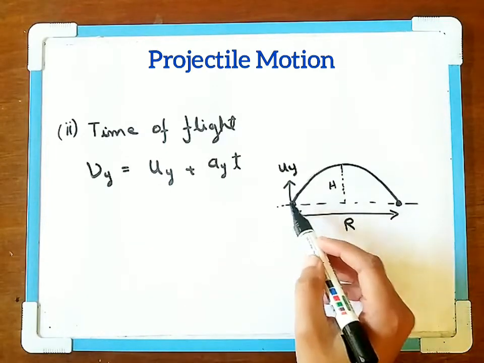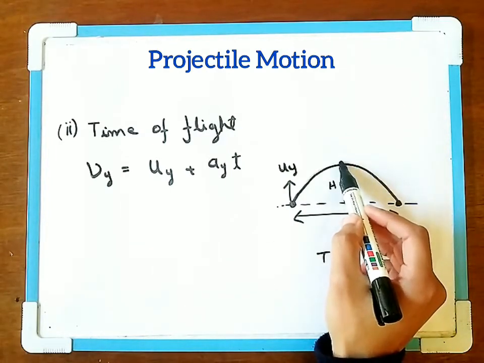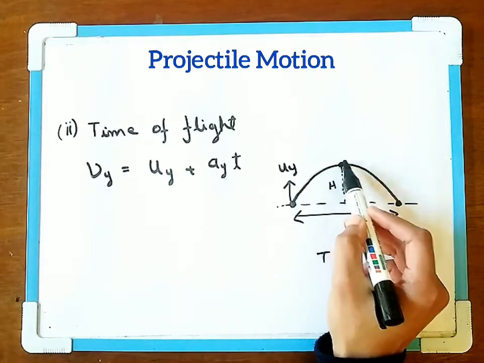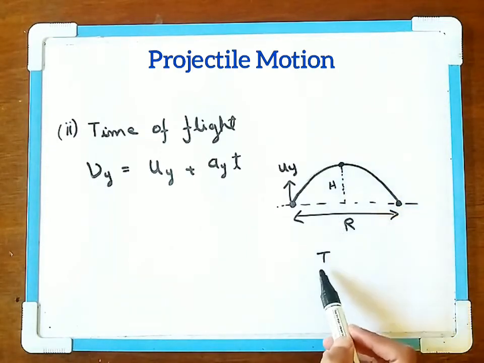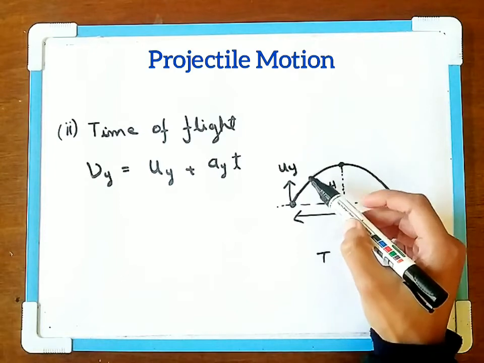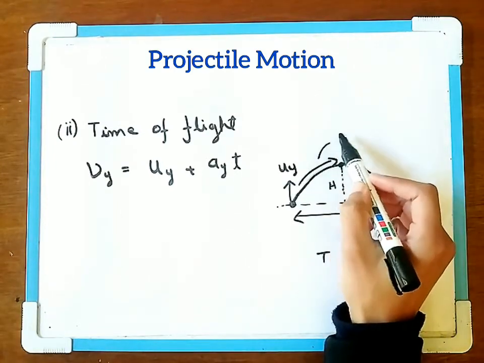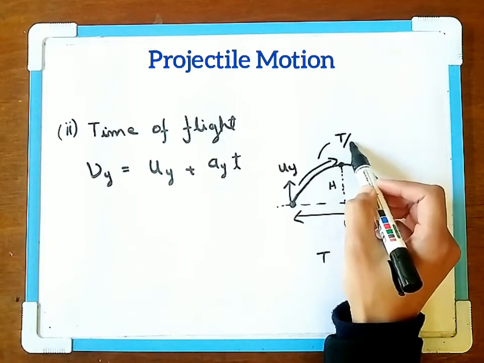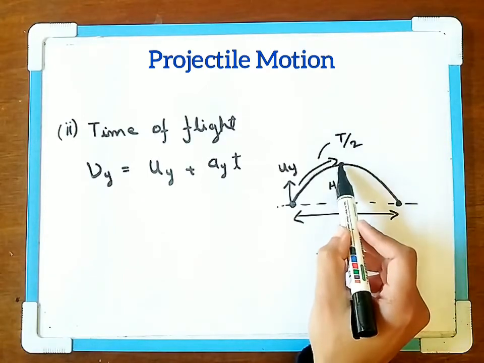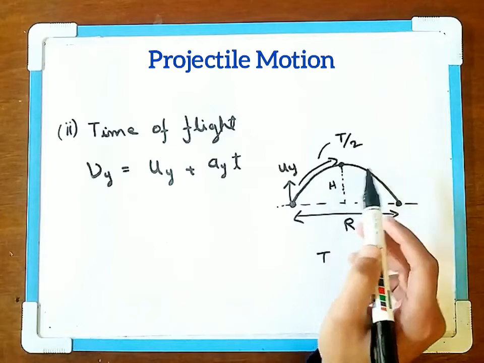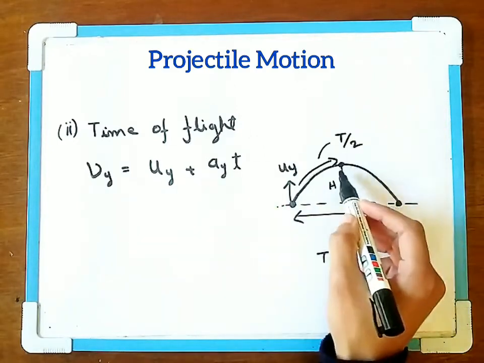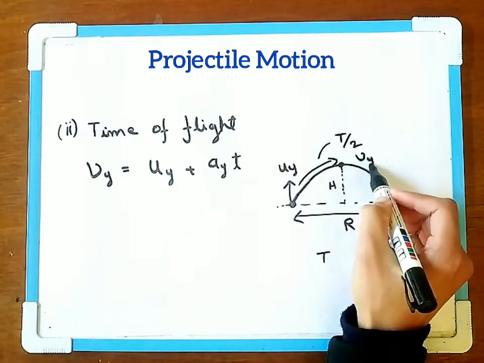Now if the projectile reaches this position, then at this position the time will be half of this time period. So from this position to this, the time taken is half of the time of flight, and at the maximum height attained, the velocity Vy will become 0.